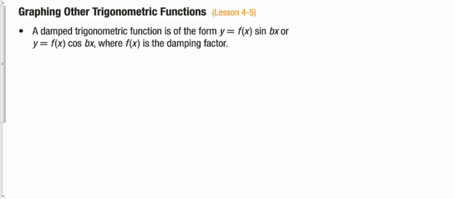Also, we talked about multiplying a sine or a cosine function by another function, which is called a dampening function. And f of x is my dampening factor, where, if you remember, we had the question about plucking a guitar, and the string vibrating.